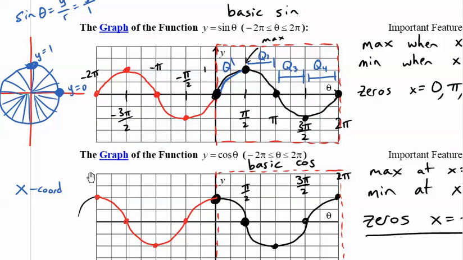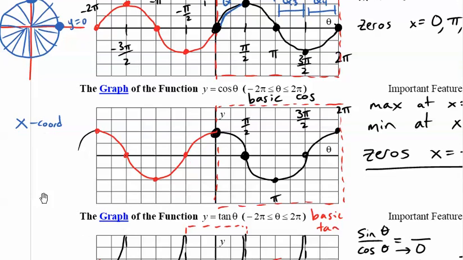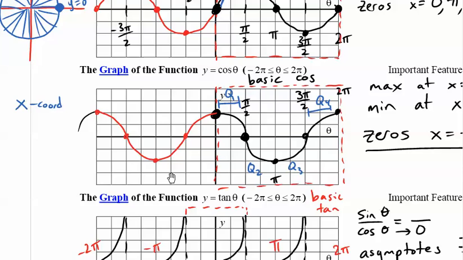And that's why cosine is positive in quadrant 1 and in quadrant 4. Cosine is negative in quadrant 2 and quadrant 3. Oh, it's so beautiful.